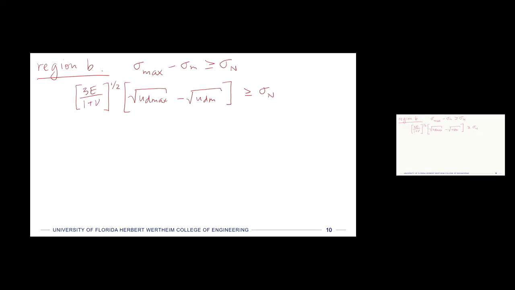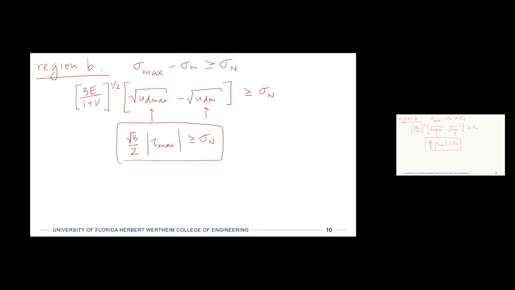And if we plug in the expressions we had here and here, we come up with a very simple expression. And also those coefficients cancel out. So we come up with square root 3 over 2 times tau max is greater than or equal to the fatigue strength, sigma n.